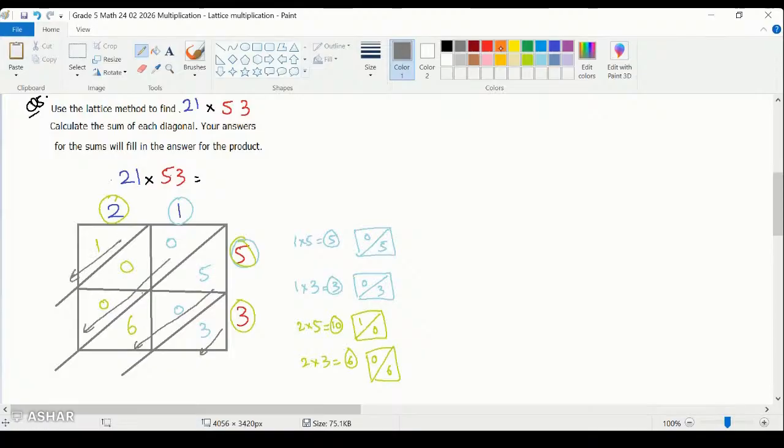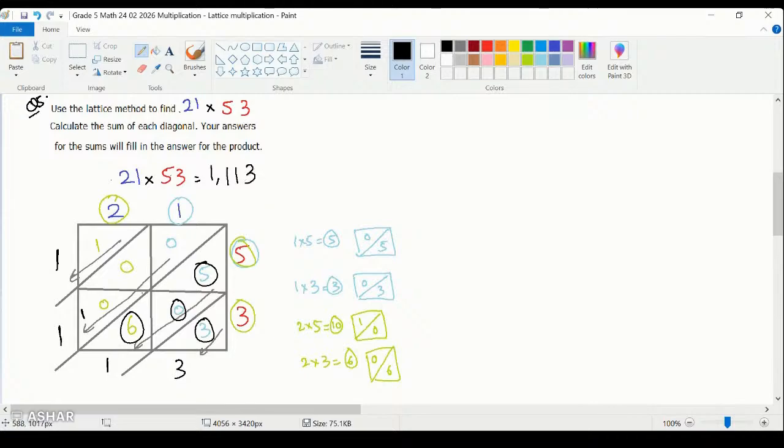See, this is only one value, it comes as 3. 6 plus 5 plus 0 is 11. We put 1 over here and we carry 1 to the next value. 0 plus 0 plus 0 plus 1 is 1 and 1. So the answer should come out to be 1113.